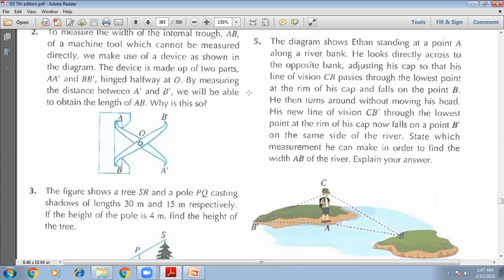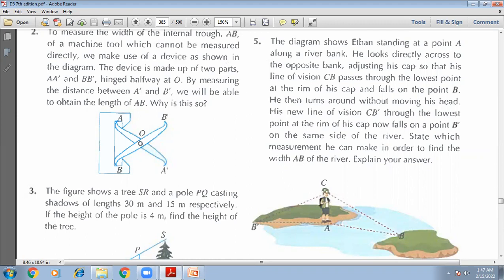His new line of vision, CB prime, through the lowest point at the rim of his cap, now falls at a point B prime on the same side of the river. State which measurement he can make in order to find the width AB of the river. Explain your answer. So this is a very good technique.